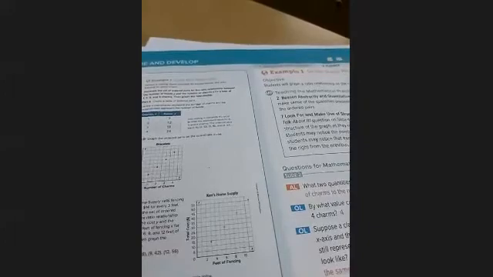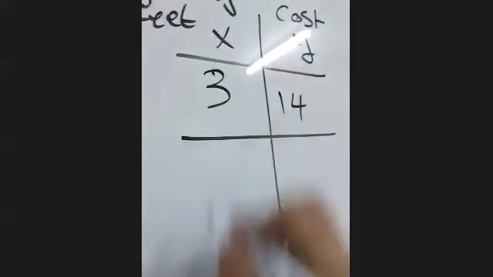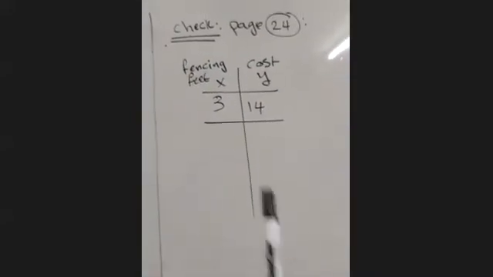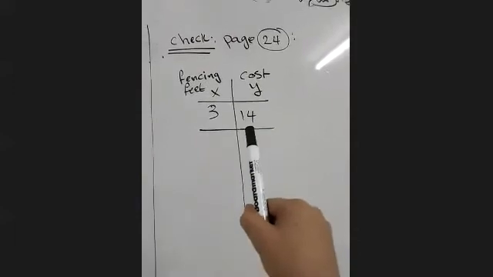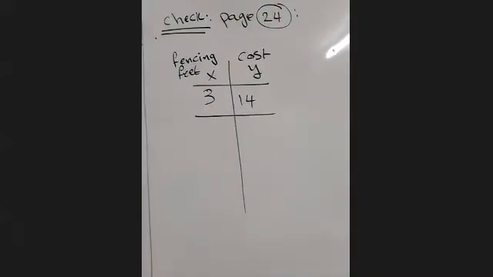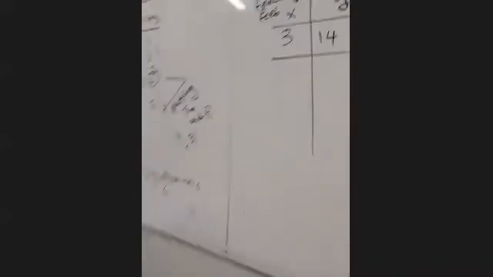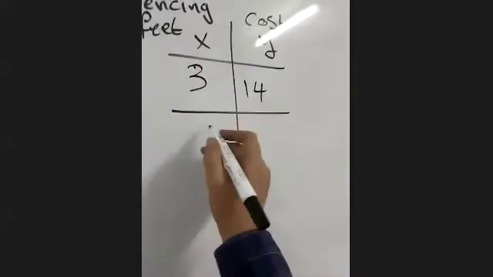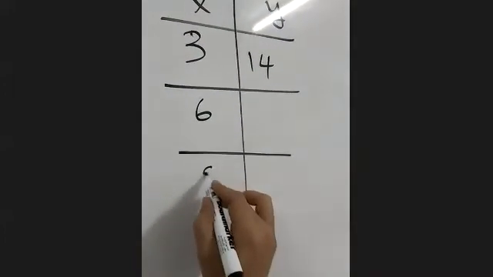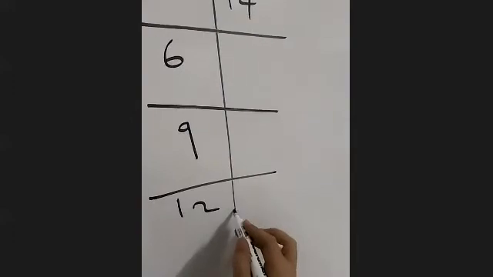The question said, Ken's Home Supply sells fencing that costs $14 for every 3 feet, not 1 foot, 3 feet. Sorry, I made a mistake. So the question said for every 3 feet, the cost is 14. Down, they want us to make the table for the feet 3, 6, 9, and 12. We already have the 3. Here I put the 6, 9, and the 12.